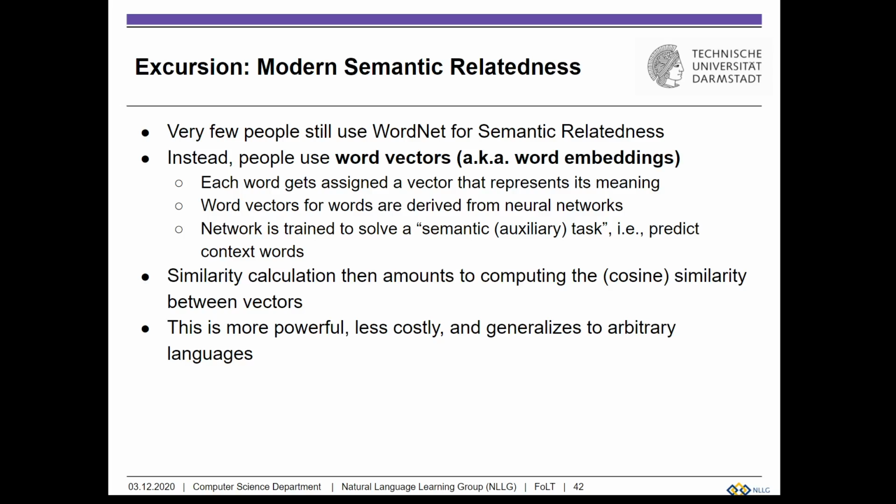For each word, we would predict the words that are in the neighborhood of this word. For example, for the word man, you would predict that one neighbor could be an article such as the or a. It could also be a word like tall or small, and you would predict such neighborhoods for every word.